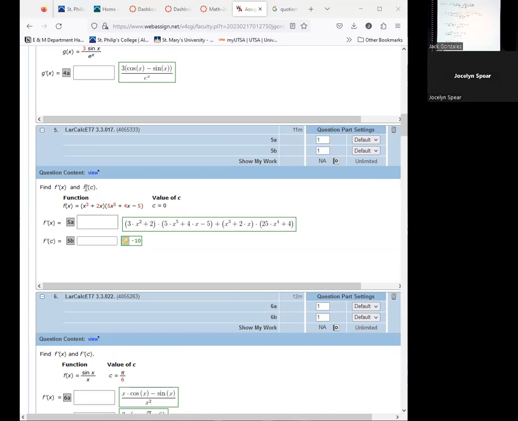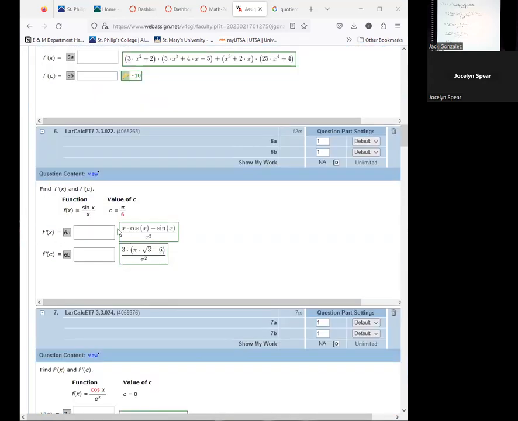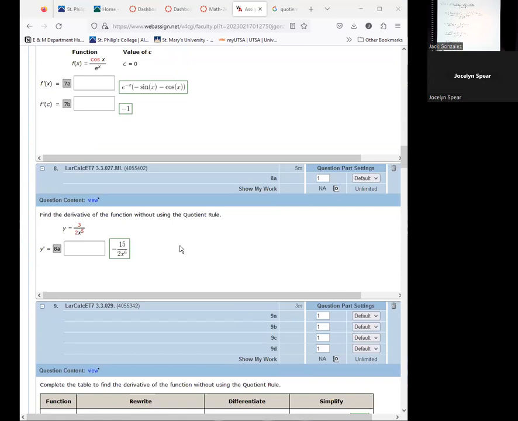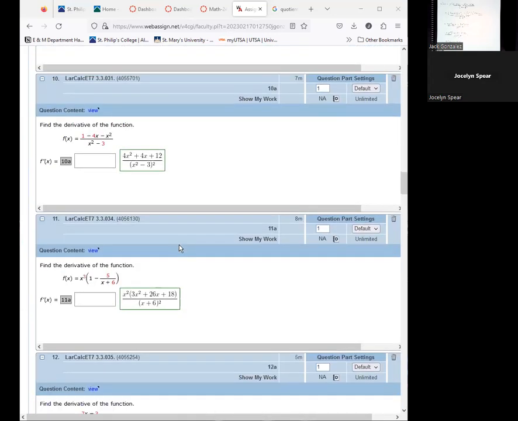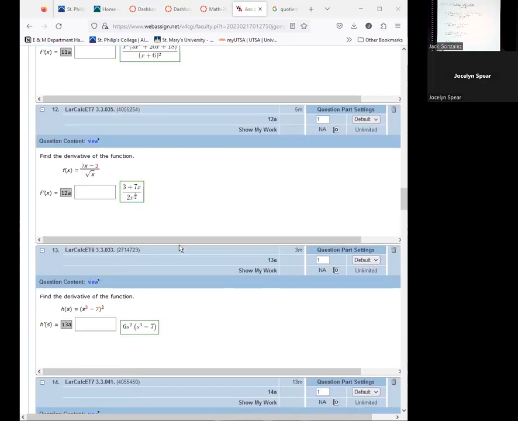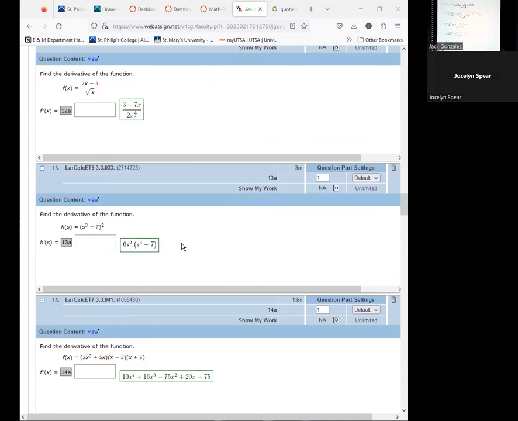So you find f prime, you plug in the number they're talking about. Zero zeroes all these out except that part. Same thing with this one: you do your quotient rule, and then you plug in the c, and you get some number. That's about it. Nothing crazy, just one extra step after you find the derivative.